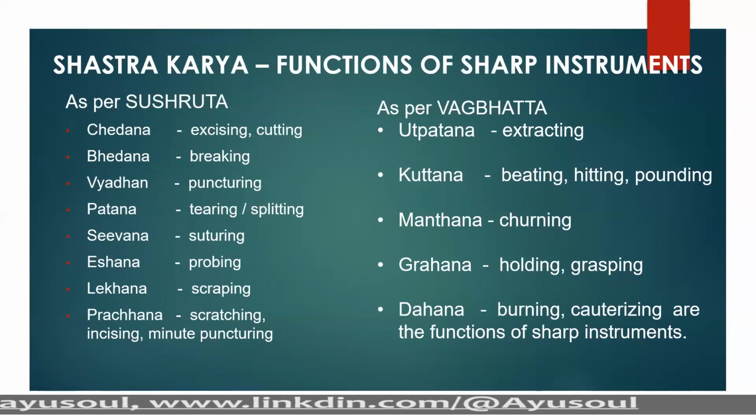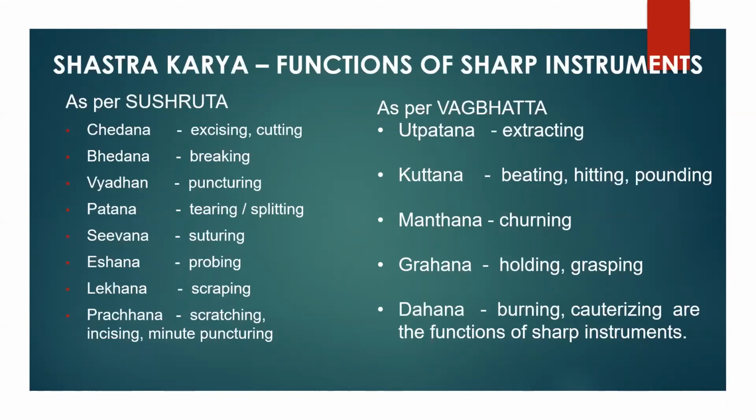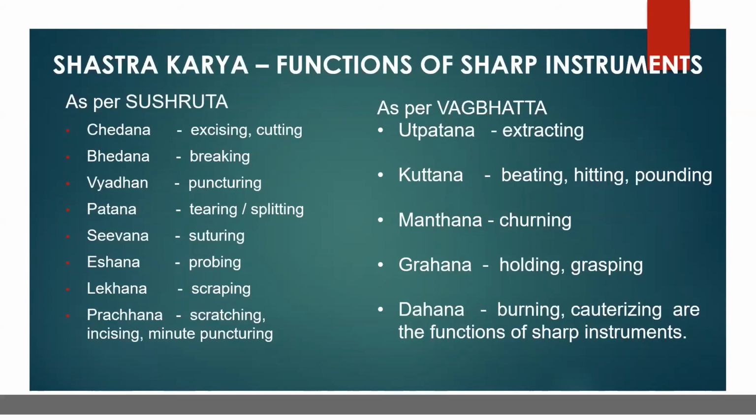Apart from these, Acharya Vagbhata also added Utpatan, extracting; Kuttan, beating or hitting; Manthan, churning; Grahan, holding or grasping; and Dahan, burning or cautery, under the functions of sharp instruments or Shastra.